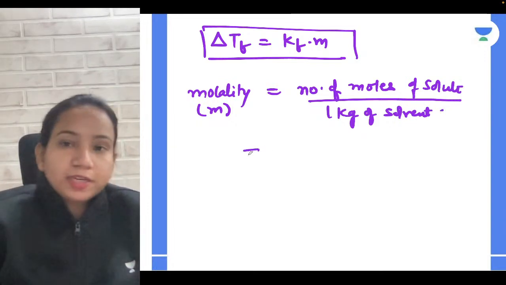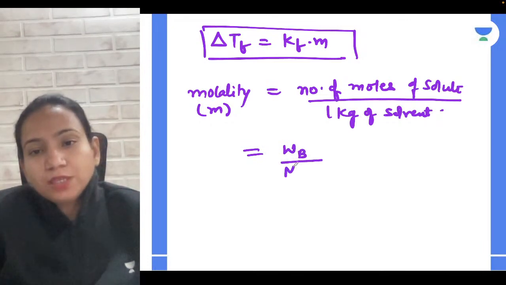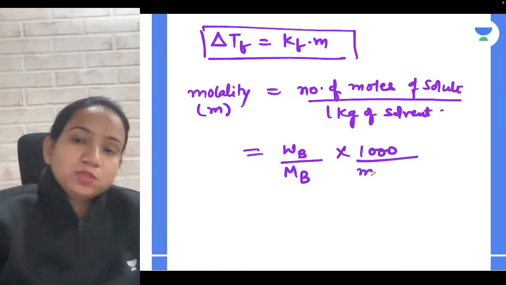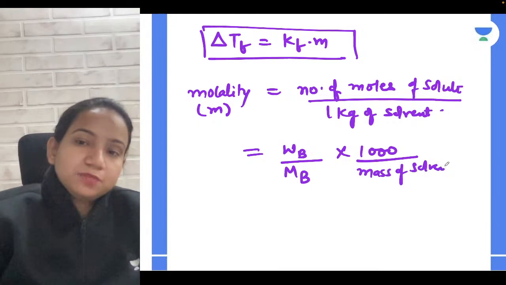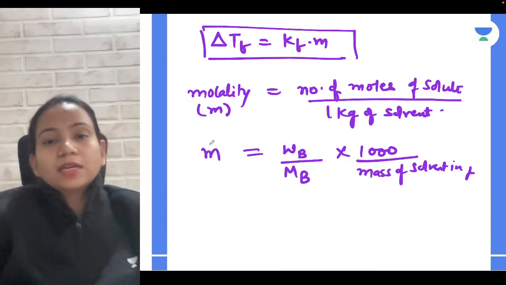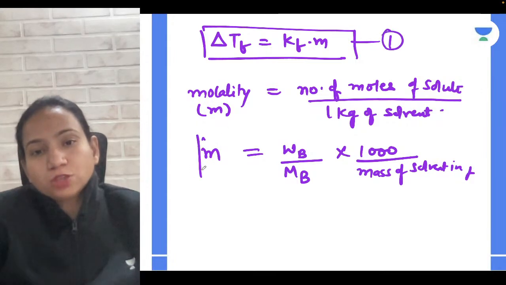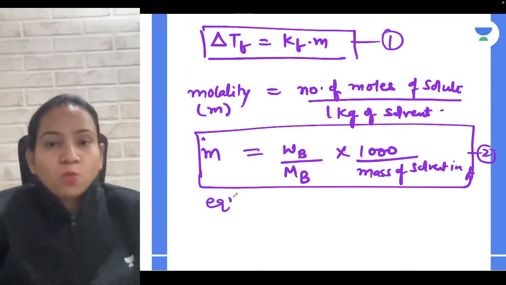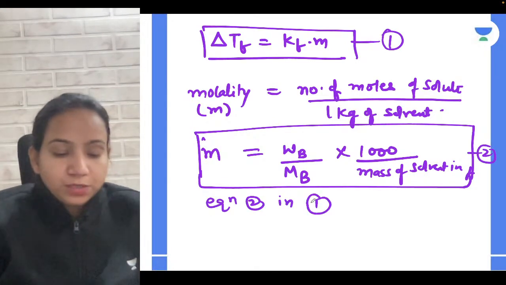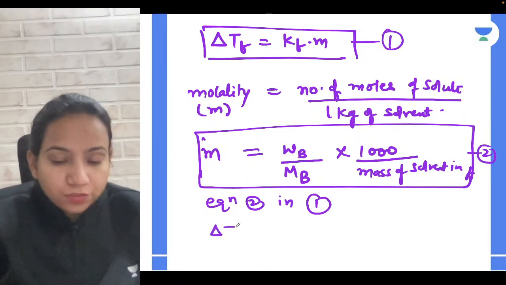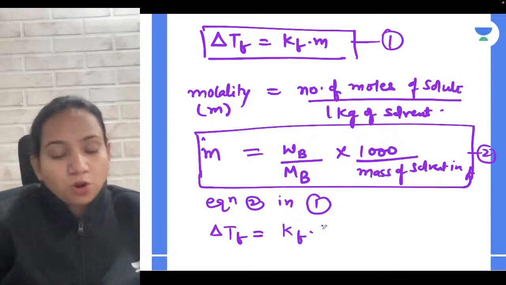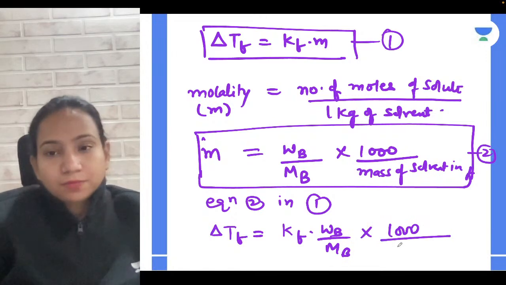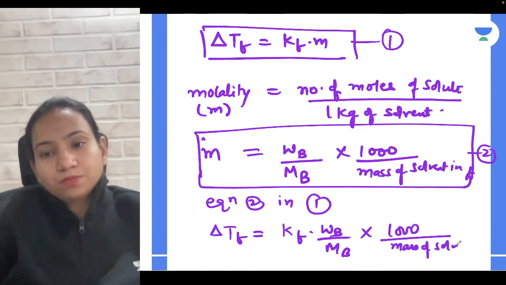How can we split it up? The number of moles is WB by MB, given mass into molar mass, into 1000 divided by mass of solvent in grams. So this is the molality. Can I use this equation 2 in 1? Just the elaborated form. Then I get delta Tf is equal to Kf dot WB by MB into 1000 divided by mass of solvent in gram.